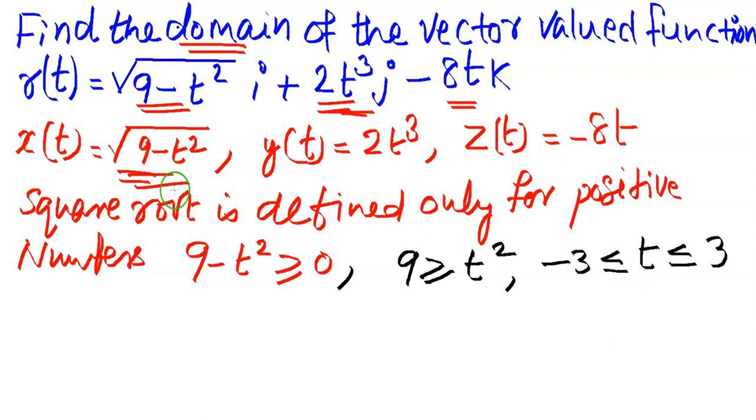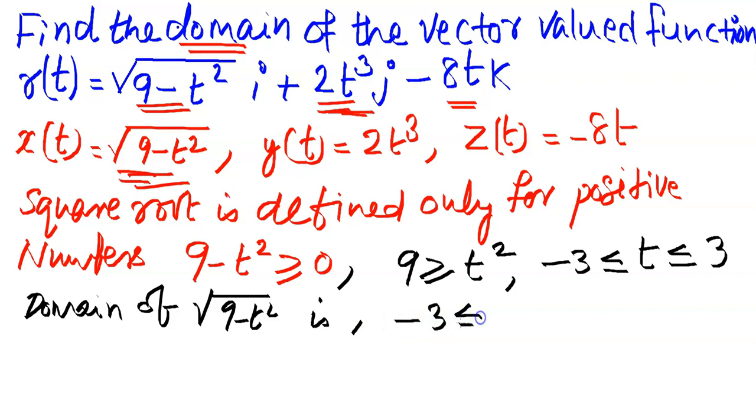Domain of square root of 9 minus t square is -3 less than or equal to t less than or equal to 3. -3, 3 എന്ന് എഴുതാം. ക്ലോസ്ഡ് ഇന്റർവൽ. ബ്രാക്കറ്റ് ഇടുമ്പോൾ സൂക്ഷിക്കുക, സ്ക്വയർ ബ്രാക്കറ്റ് ആണ്, പാരന്തസിസ് അല്ല, സ്ക്വയർ ബ്രാക്കറ്റ്. ഡൊമൈൻ ഓഫ് square root of 9 minus t square -3, 3.